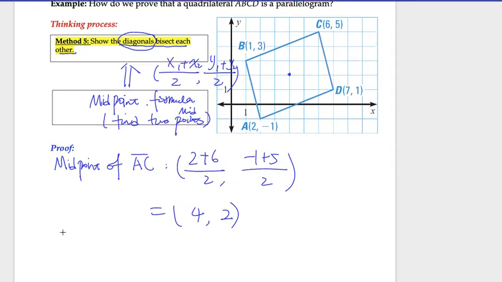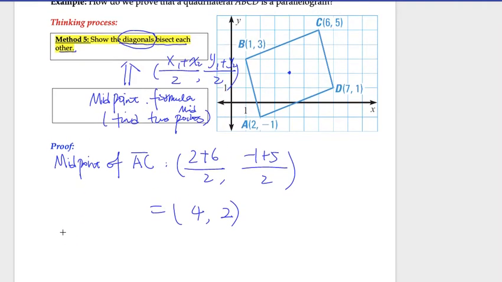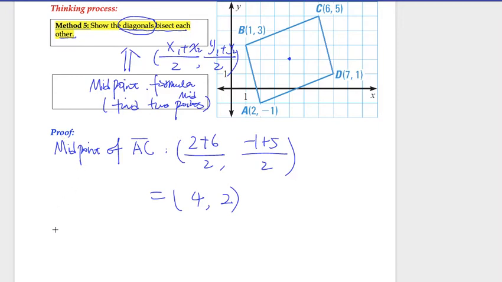Now we are going to continue working on the midpoint of BD. Even though I don't have this line on the graph, I can still imagine this is diagonal BD, so I'm going to use that one.